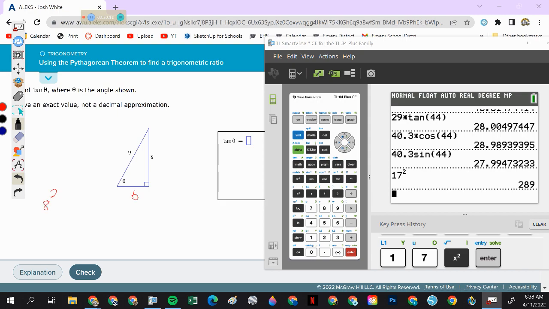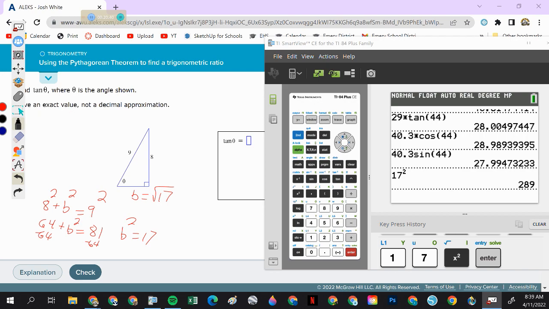So 8 squared plus b squared equals 9 squared. 64 plus b squared equals 81. Subtract 64. B squared equals, what is that, 17? So b is the square root of 17.